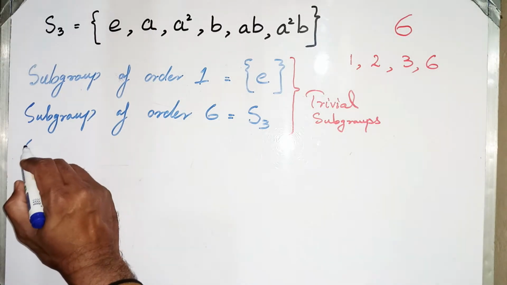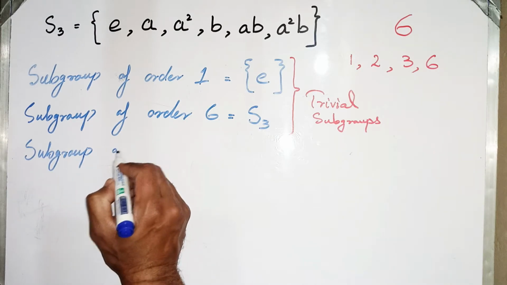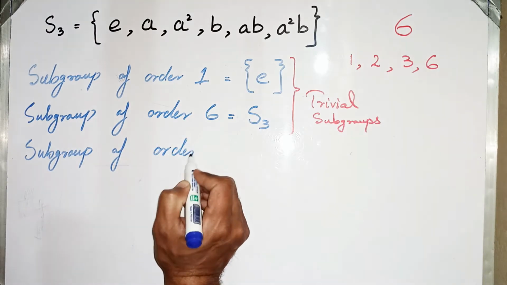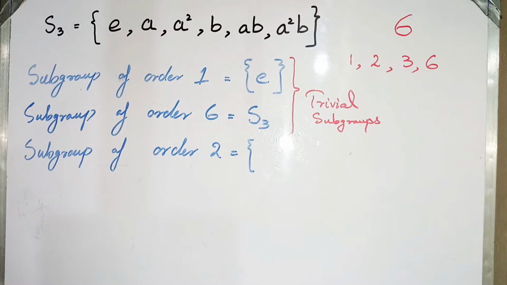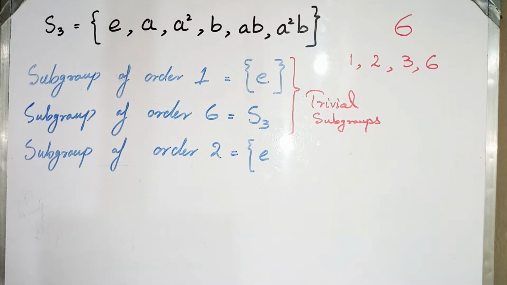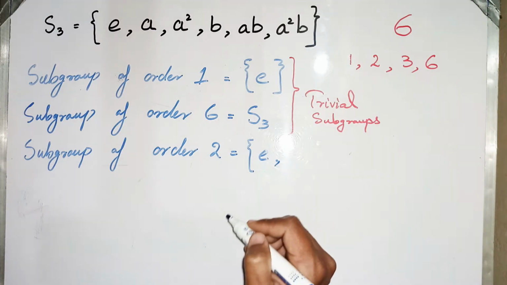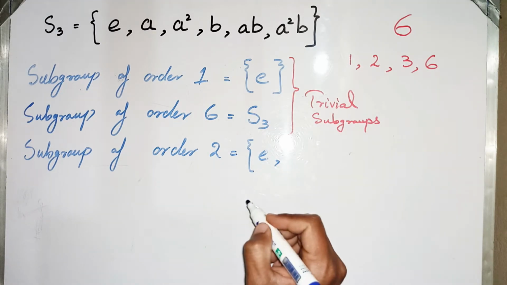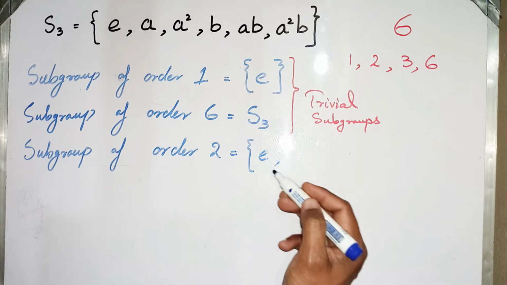So here I am going to write the subgroup of order 2. First, as you know, every subgroup must have the identity element E. So whenever you are going to find the subgroup of any group, you must include the identity element first.